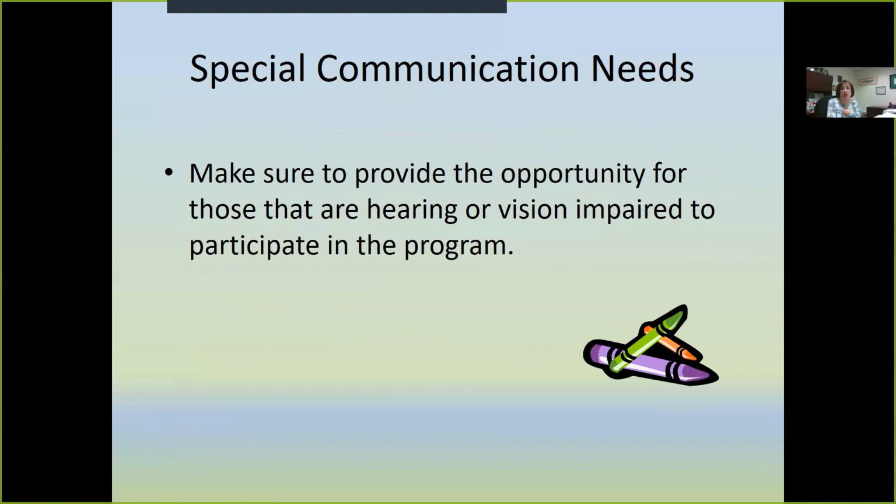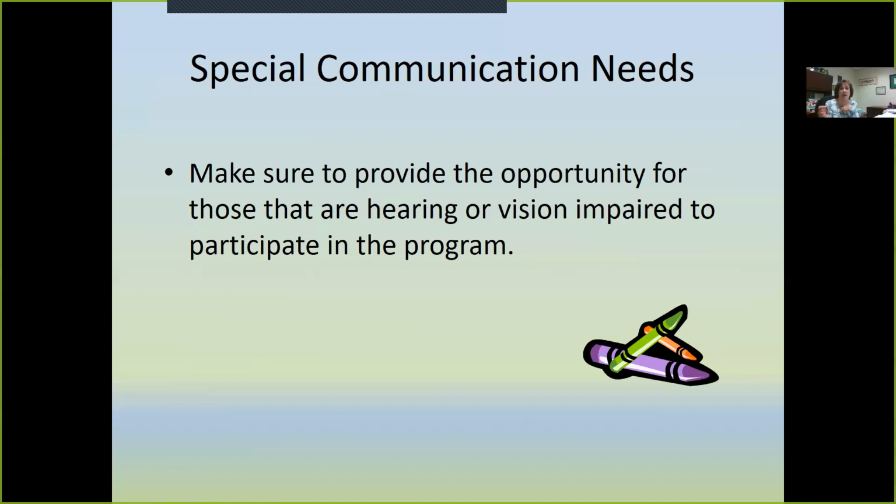And then communications. When we have people that are either hearing or visually impaired, we need to provide them with accommodations to participate in that program. That's why it always states on there, if you need accommodations, please contact by a certain date.